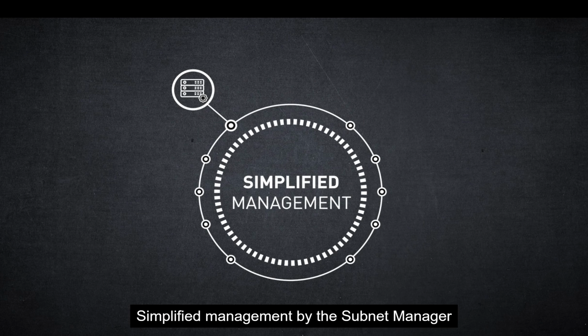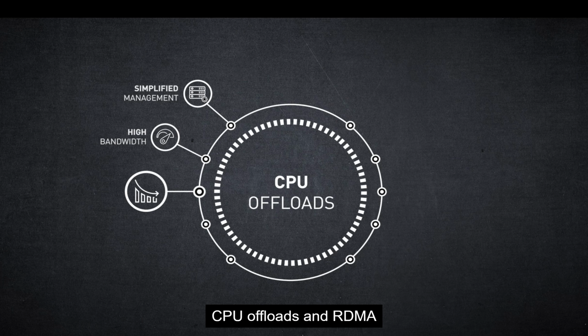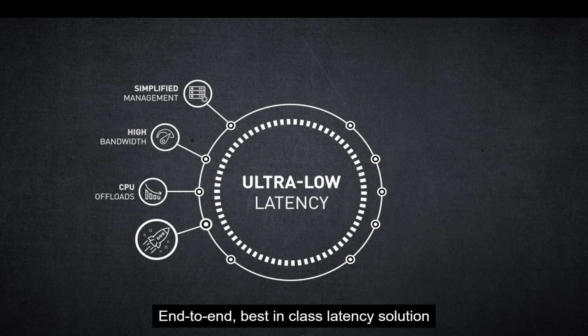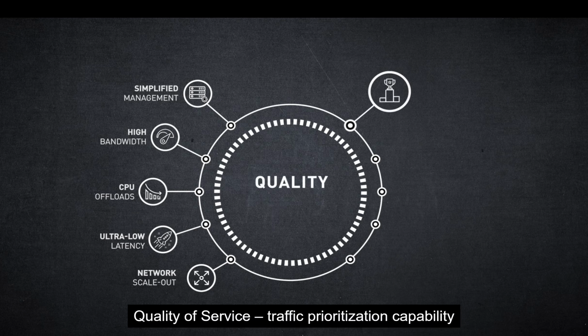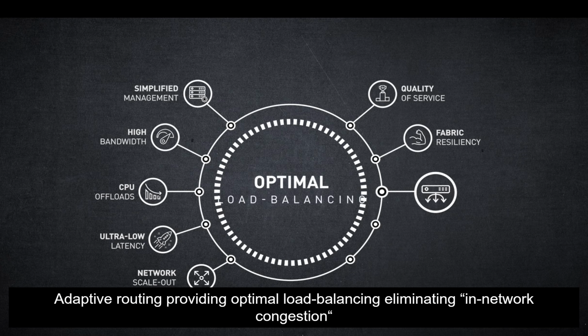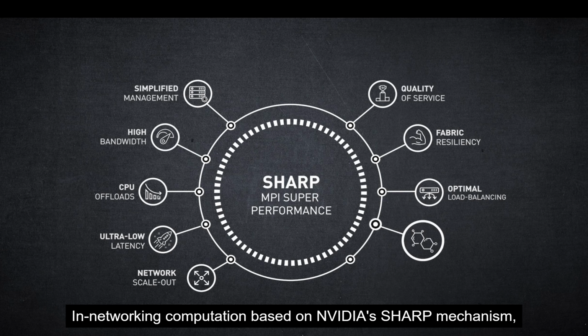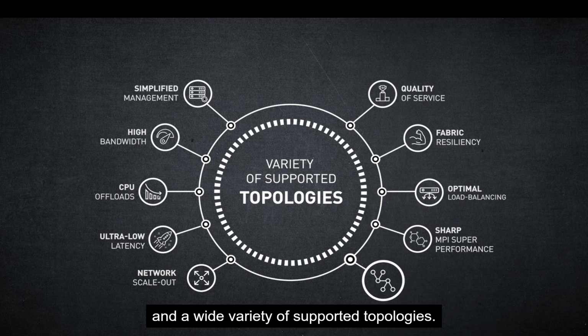Simplified management by the subnet manager, high bandwidth, CPU offloads and RDMA, end-to-end best-in-class latency solution, fabric scalability, quality of service by traffic prioritization capability, resiliency and fast rerouting of traffic in case of a port failure, adaptive routing providing optimal load balancing, eliminating in-network congestion, in-networking computation based on NVIDIA's SHARP mechanism, and a wide variety of supported topologies.